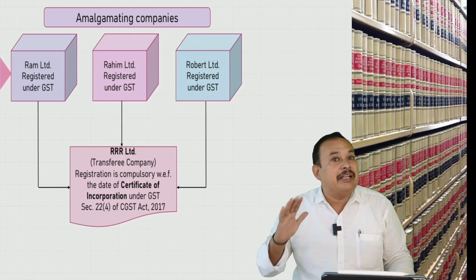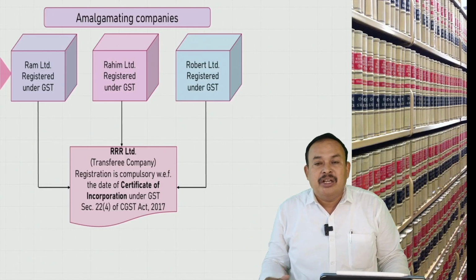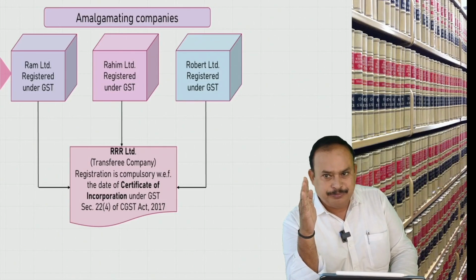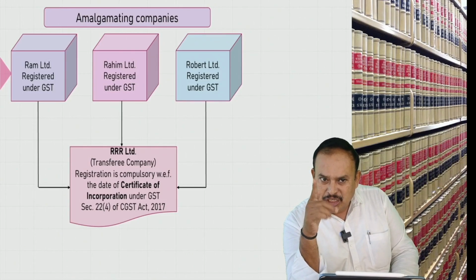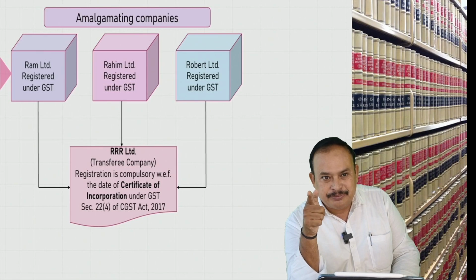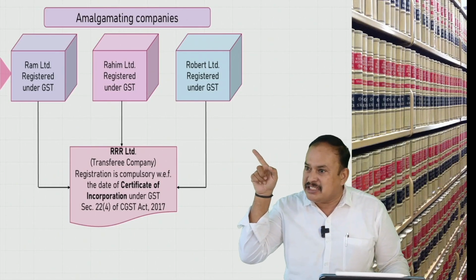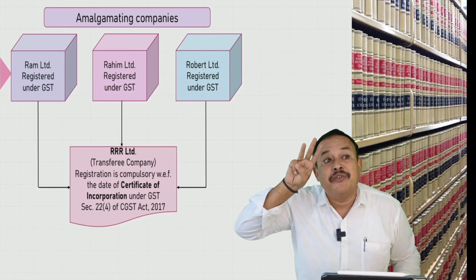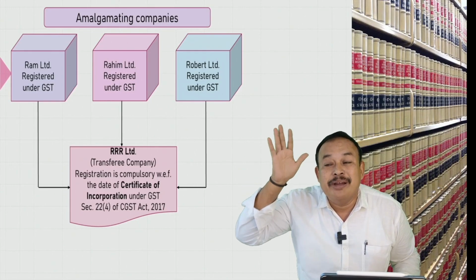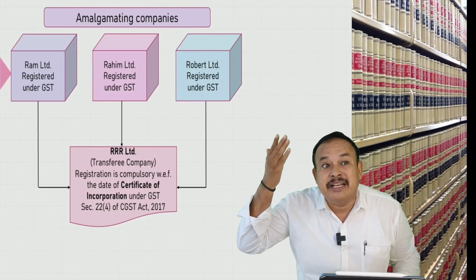Under section 25 it is specified that if you cross the threshold limit for registration, from that date you are technically called a taxable person. Speak out. Taxable person. Apply for registration within 30 days from the date the need arises. How many days? Speak out quickly. 30 days.